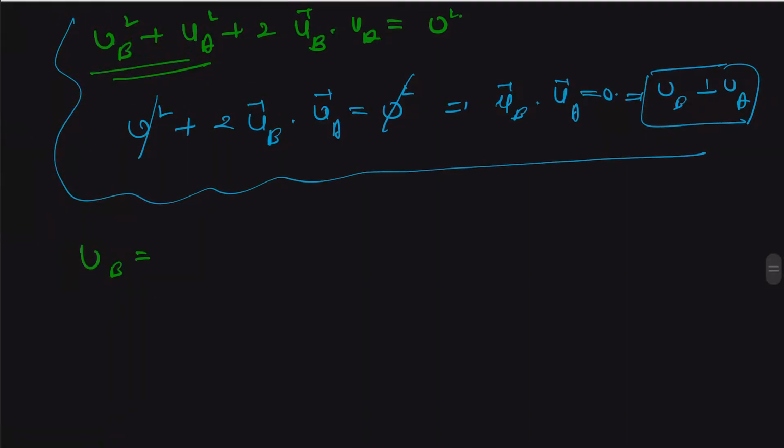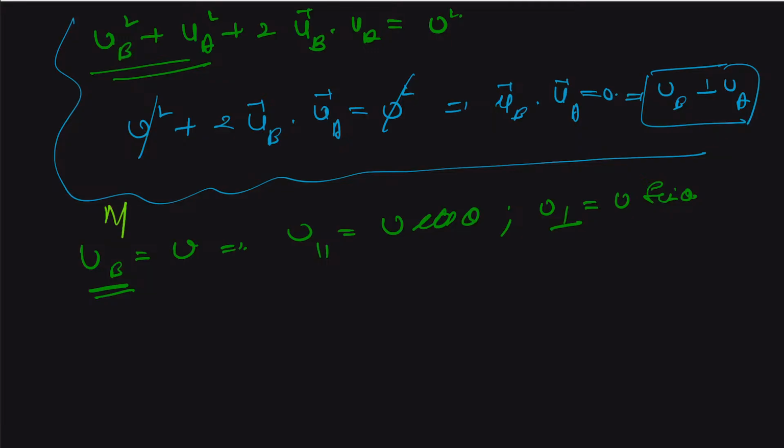We can say its parallel component will be equal to v cos of theta, and its perpendicular component will be equal to v sine of theta. We are talking about after the collision; we have to keep in mind this is the velocity after the collision.